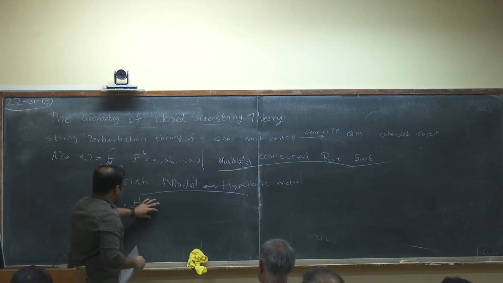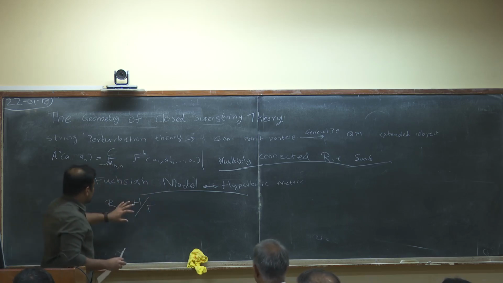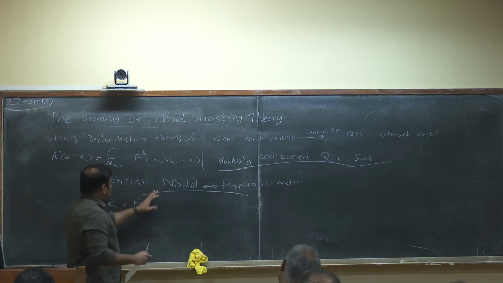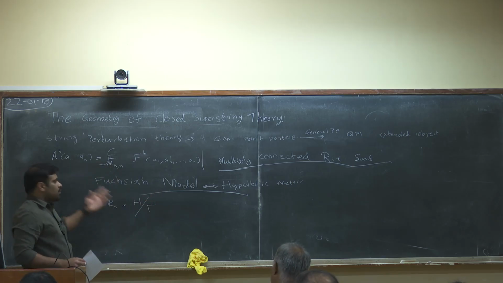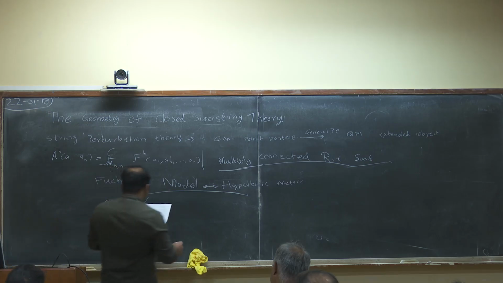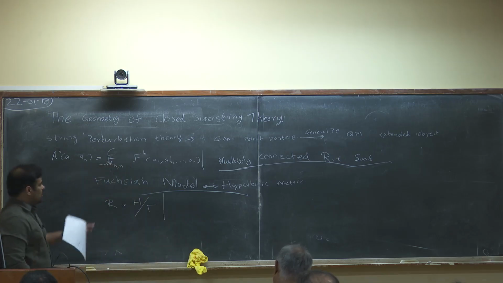So I haven't told you what exactly a Fuchsian group is. Let me start with the upper half plane, and then somehow I can find a group which does identifications in the upper half plane that will correspond to a particular Riemann surface. To understand this idea better, let me introduce a metric on the upper half plane.